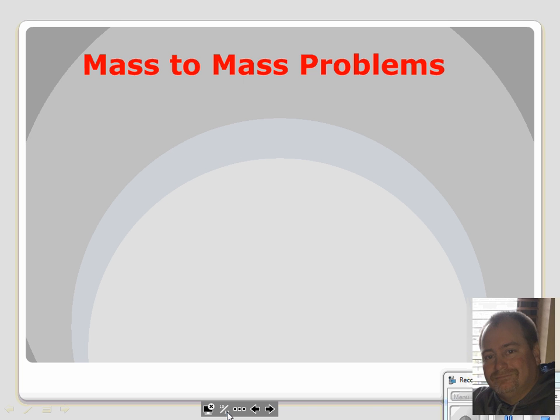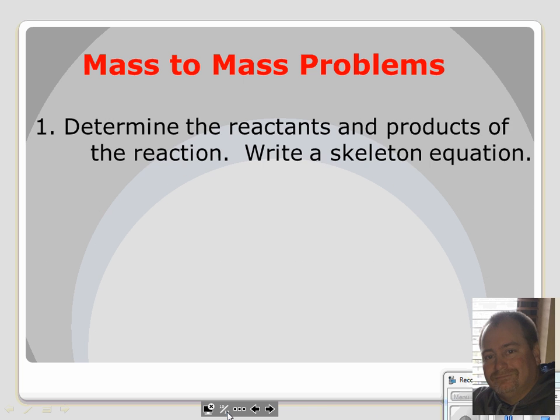And we're going to start with step number 1. Step number 1 is to determine the reactants and products of the reaction. Write a skeleton equation.